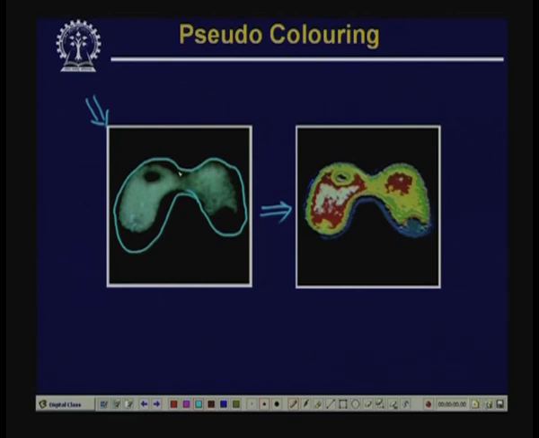Another application of the pseudo coloring technique is gray to color transformation. What we have shown so far is that to different intensity intervals we have assigned different colors. Now, when you go for grayscale to color transformation, if I have an intensity or grayscale image that corresponds to a single plane, I have to convert that to 3 different planes, that is R, G and B, red, green and blue planes, and when those planes combine together, they give you a color image.